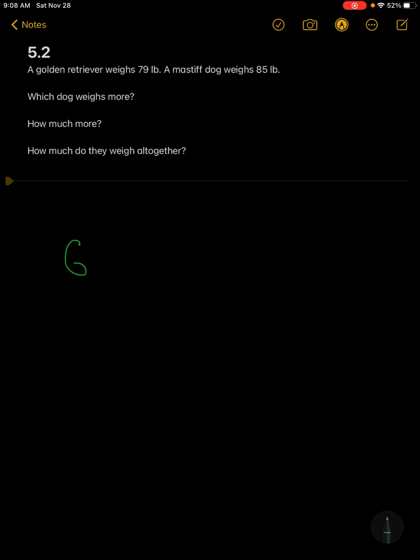So I can draw a label for the golden, and then I can draw a label for the mastiff. How much does the retriever weigh? 79 pounds. So I'll draw a bar that represents 79 pounds next to the golden.